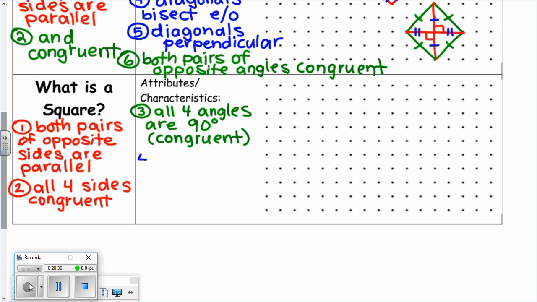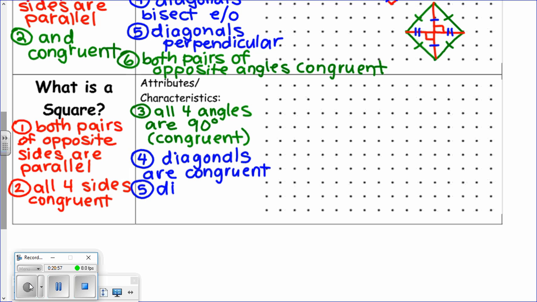Let's talk about the diagonals. So when I connect the corners of my square, I'm going to notice that my diagonals are congruent. The diagonals themselves are going to be the same length. Another thing I'll notice about my diagonals is that they are perpendicular bisectors.